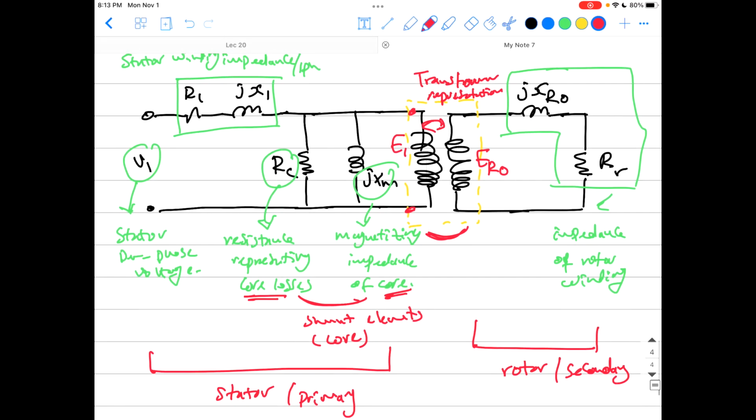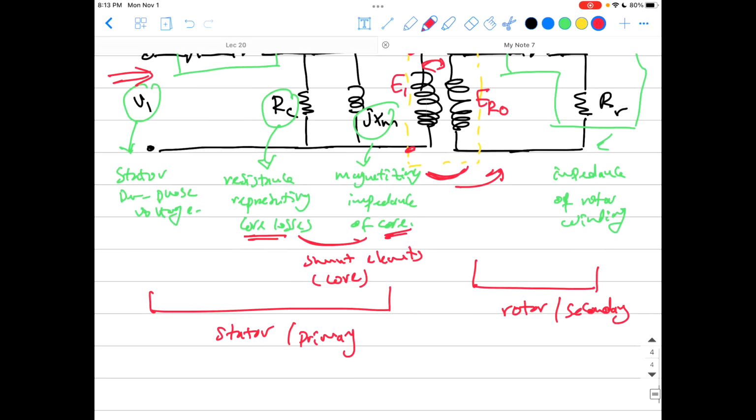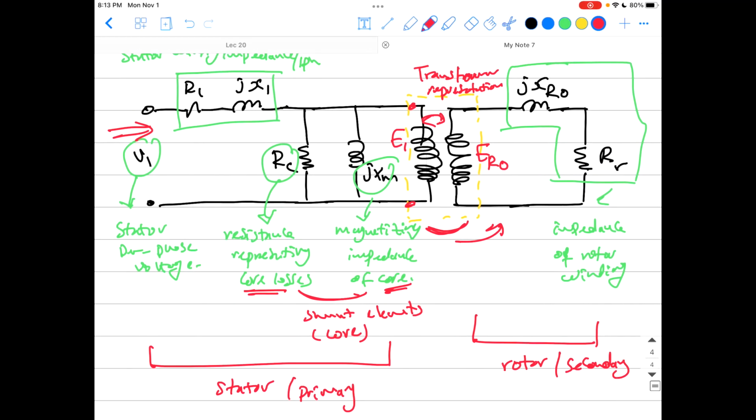Okay, guys, so the electric power goes to the stator like this, and you start losing some of it on the stator. The rest is transferred to the rotor, where it is converted into mechanical power as a torque on the rotor. Okay, guys?